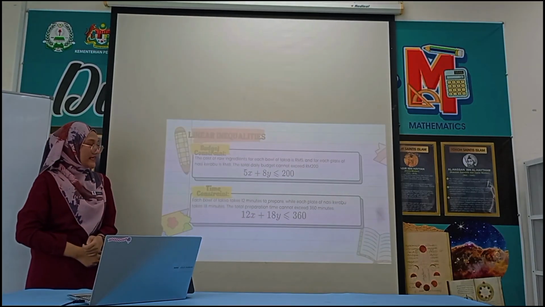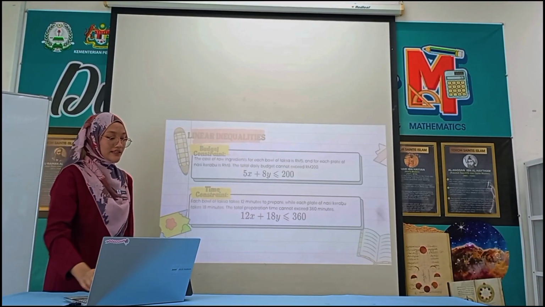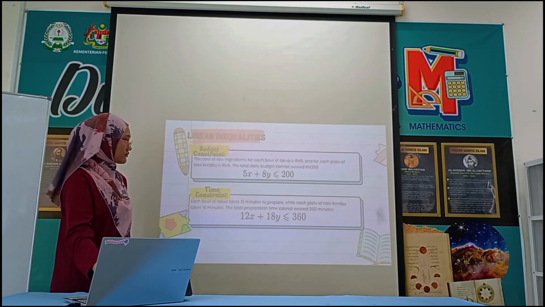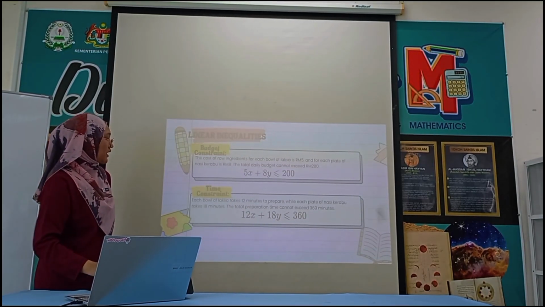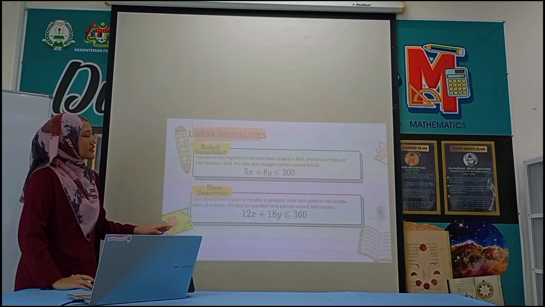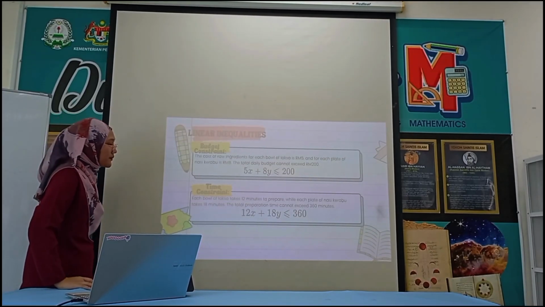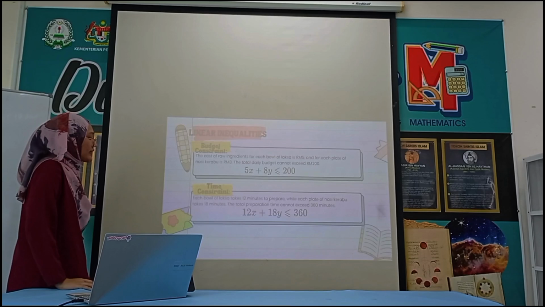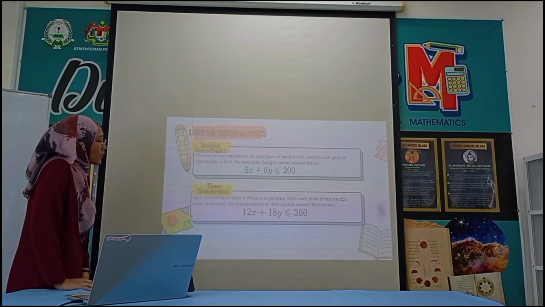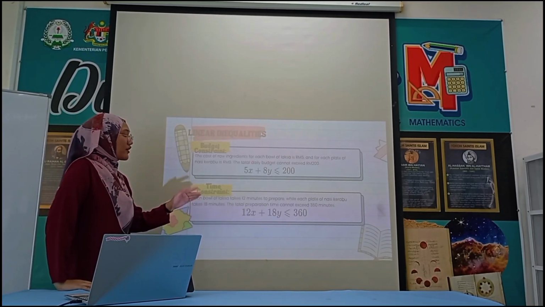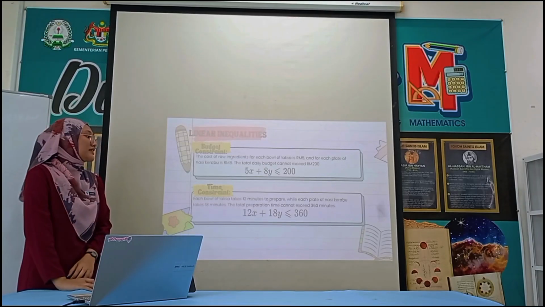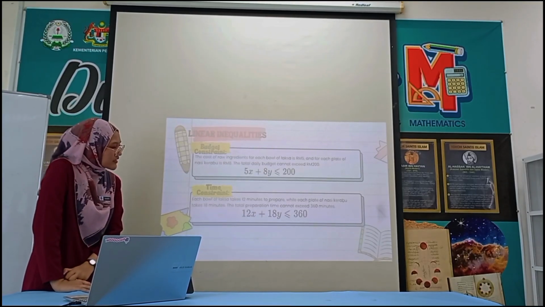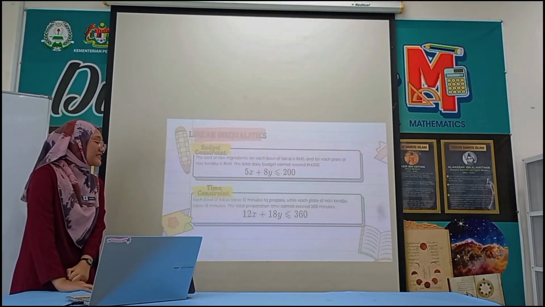Next, the second constraint is the time constraint. Each bowl of laksa takes 12 minutes to prepare, while each plate of nasi kerabu takes 18 minutes. The total preparation time cannot exceed 360 minutes.